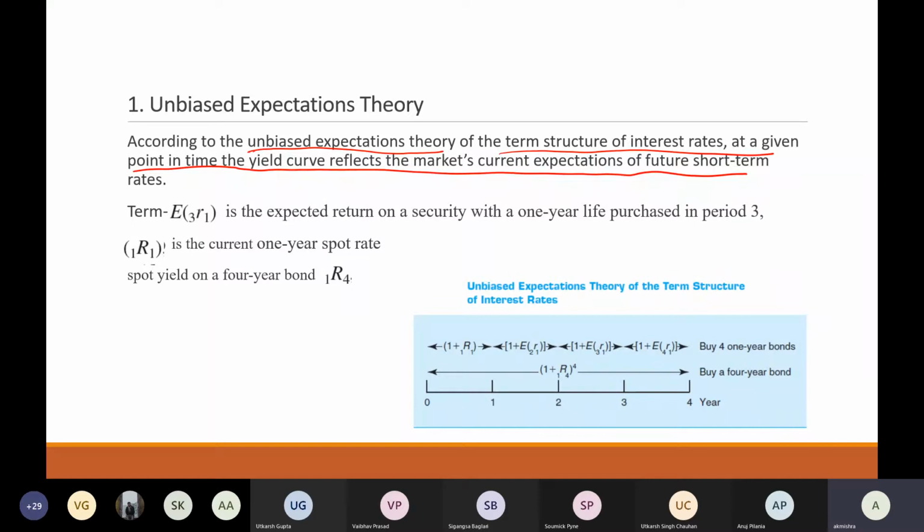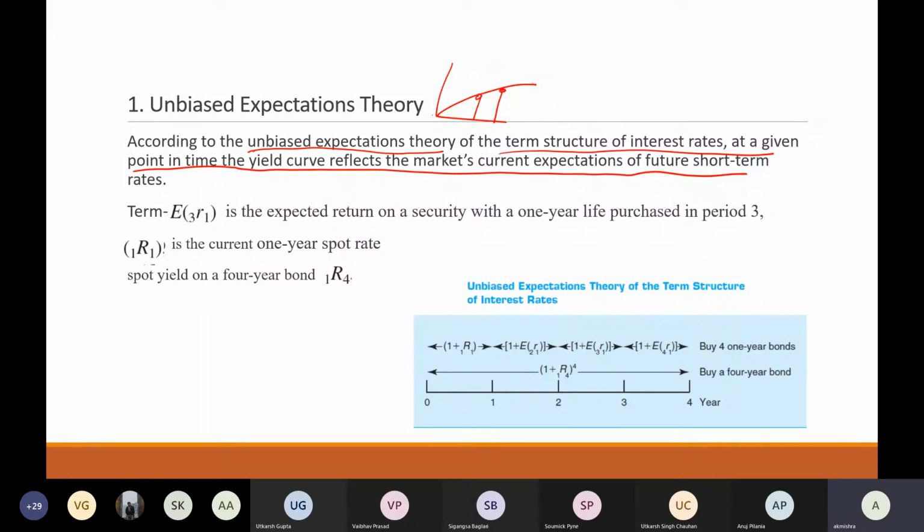If you remember, when we talk about this kind of upward sloping curve, we are saying investors are expecting that future long-term maturity instruments will have a high expected return, or yield as we can also call it.